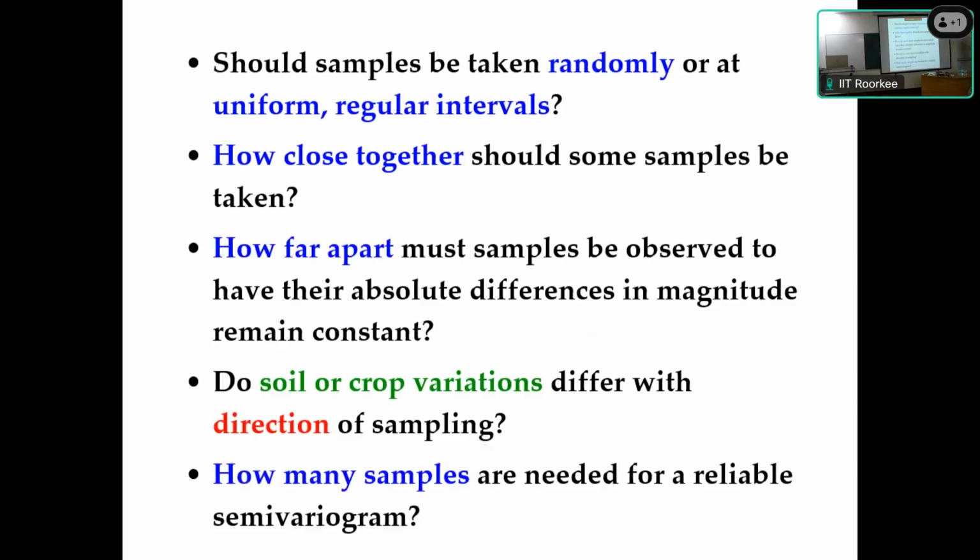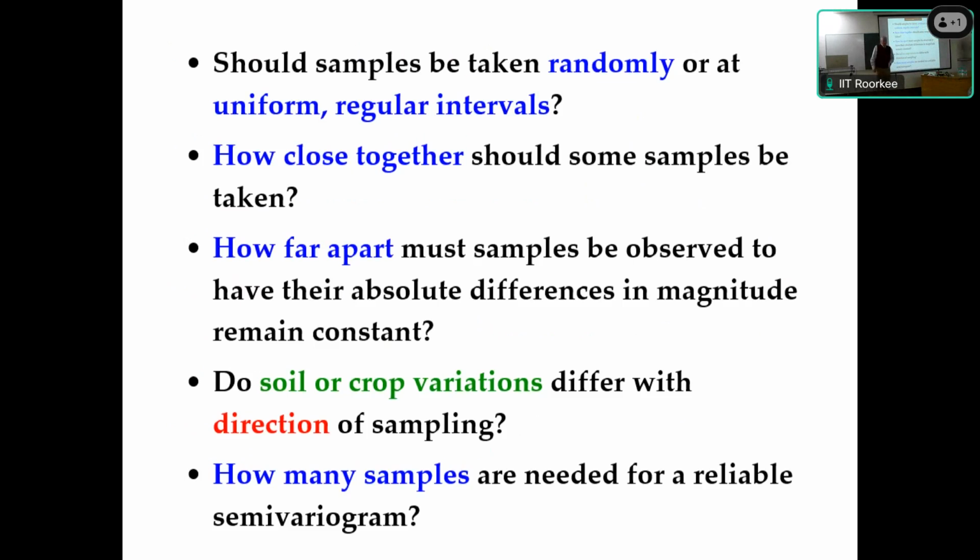Or can we say we take one sample here and measure it with a GPS and the next one here, similar distances, but not regular? How close together should samples be taken? How far apart must samples be observed to have their absolute differences in magnitude remaining constant? And do soil or crop variations differ with direction of sampling?